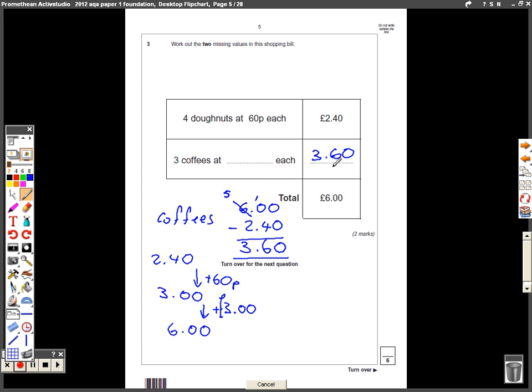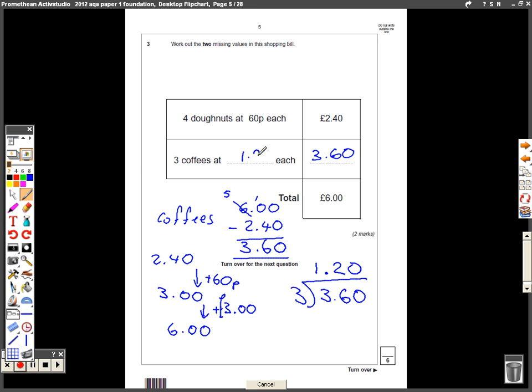And we need to work out the missing value as well. Now £3.60 is for 3 coffees. So the calculation I need to do is £3.60 divided by 3. 3's into 3 go 1. Don't forget the decimal points. 3's into 6 go 2. 3's into 0 go 0.